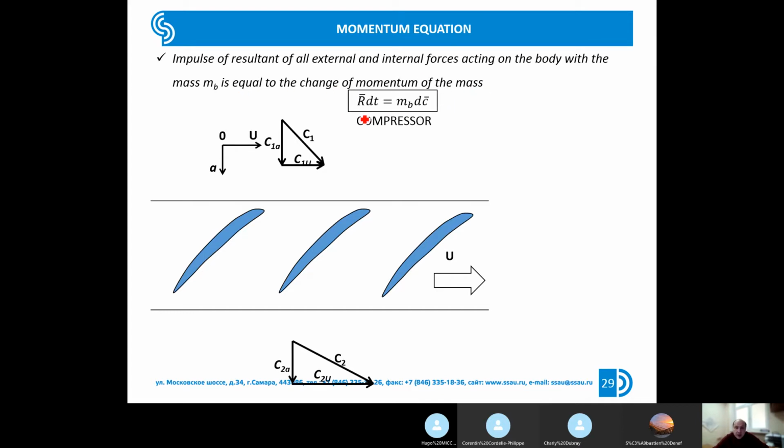This is the formula from theoretical mechanics courses which explains this law. So let's apply this law to the flow inside the turbomachinery.